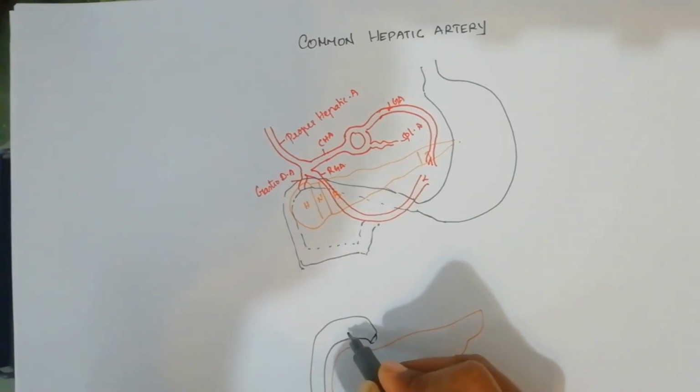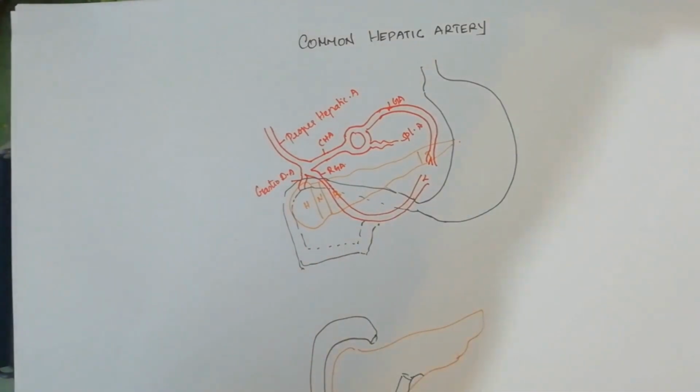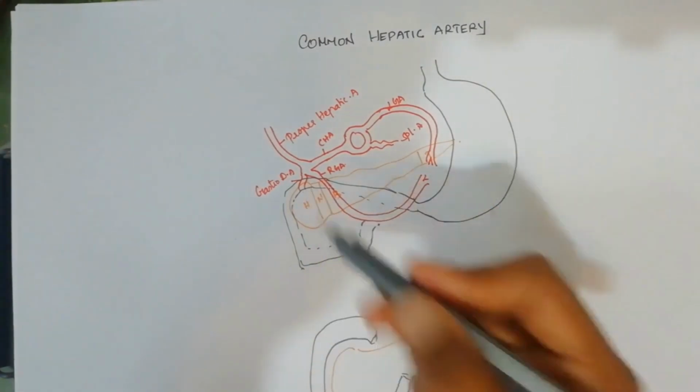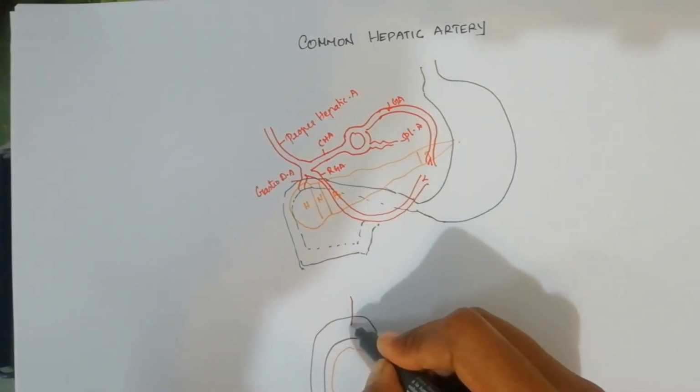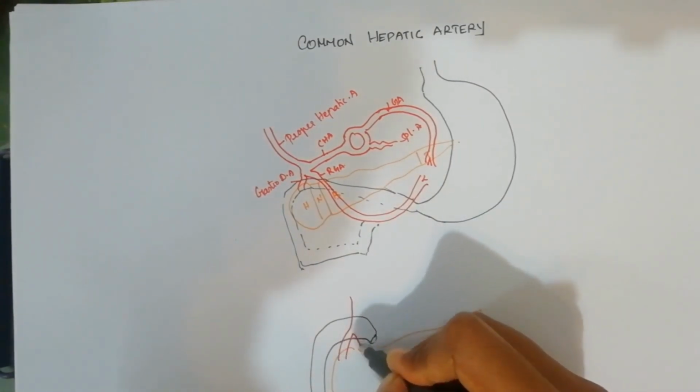So between the duodenum and the head of the pancreas, at this junction, it is dividing into two branches. So the gastroduodenal artery we are dealing with now is going to divide into two branches.